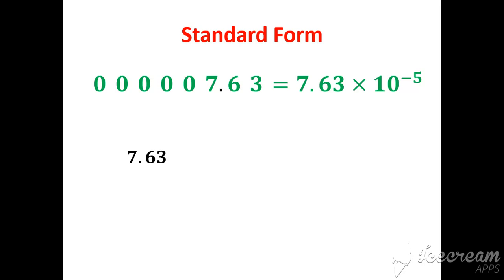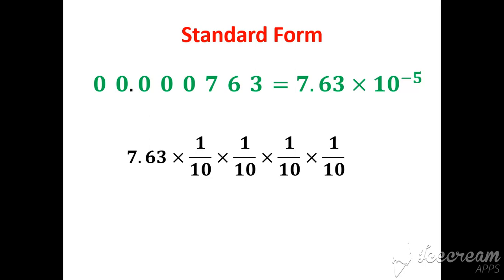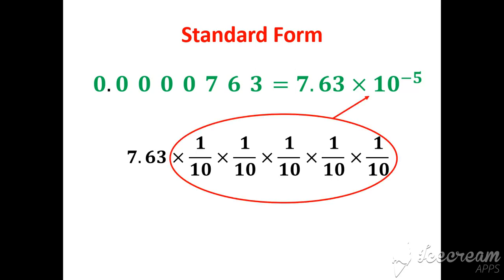When we move it to the left this time, we multiply by 1/10 because we're getting smaller. We do it again, times a tenth, times a tenth, times a tenth, and times a tenth to get to the number we want. We've multiplied by 1/10 five times, so that's why we write it as 10 to the power of -5. So just think: small numbers will have a negative power.